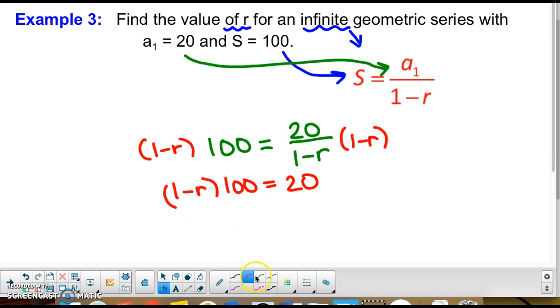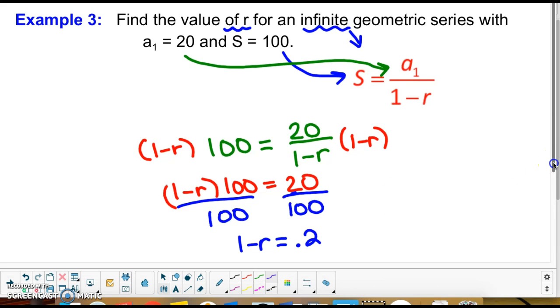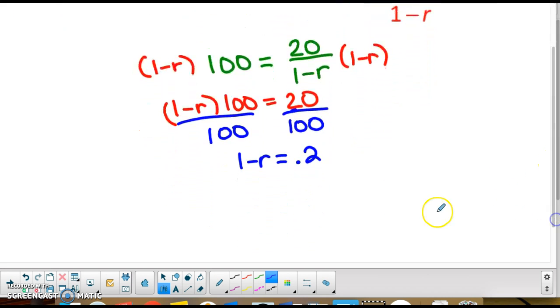So then we divide both sides by 100. And we get 1 minus R is equal to 0.2. And we just solve for R. So we get negative R equals negative 0.8. So R is equal to 0.8.